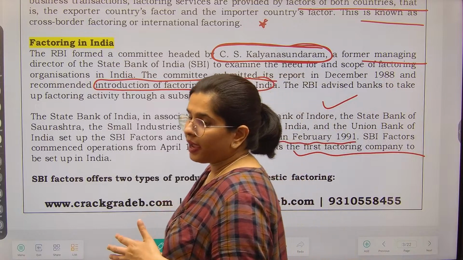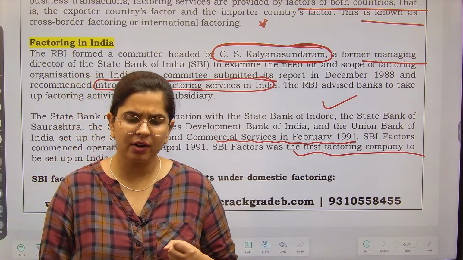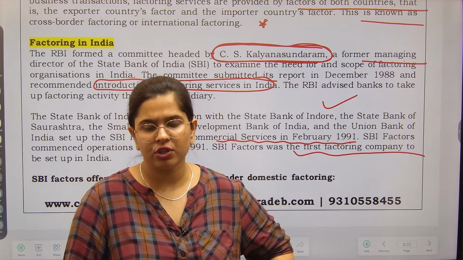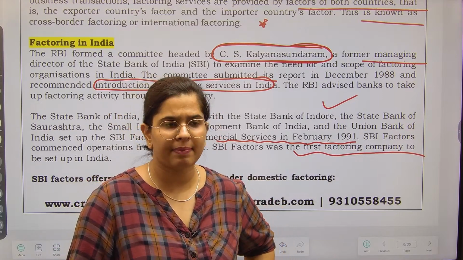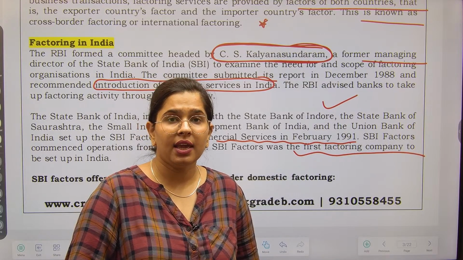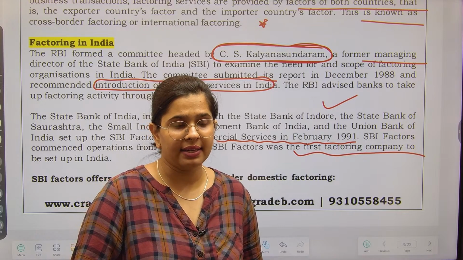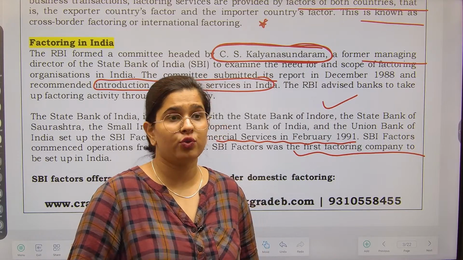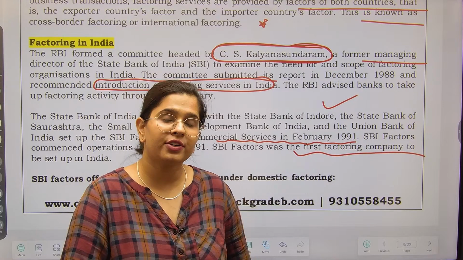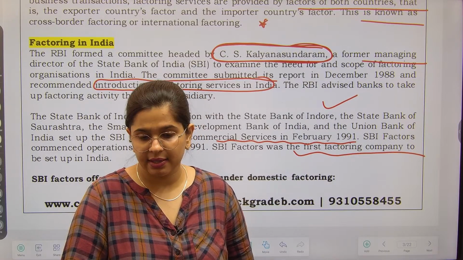Now, why have I told you that these factors are normally banks? They can be financial institutions, but predominantly they have been banks. Why? Because factoring involves giving money, right? This is a kind of loan that you are giving, and what is the collateral in this? The invoice that the seller has made.